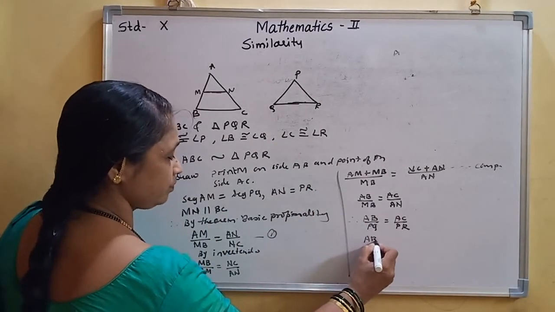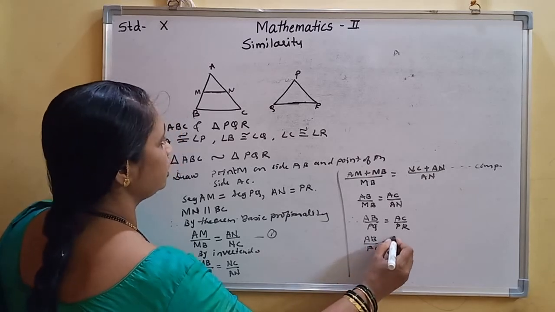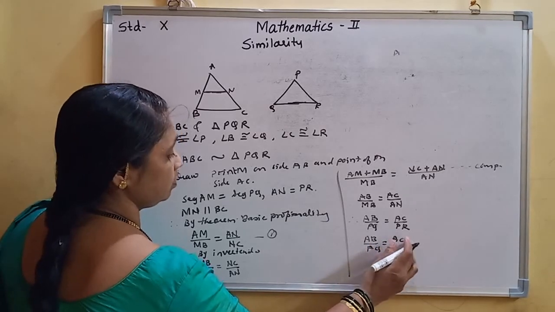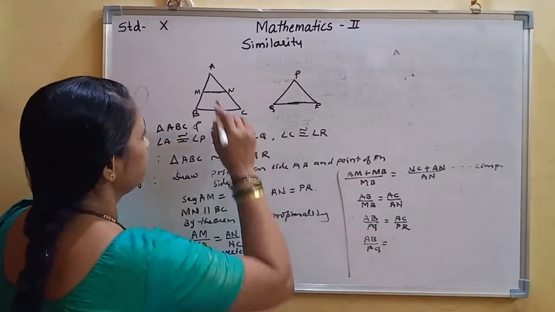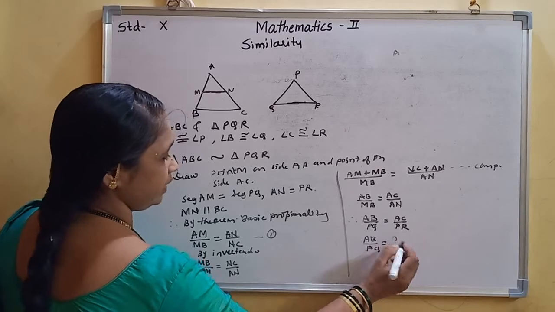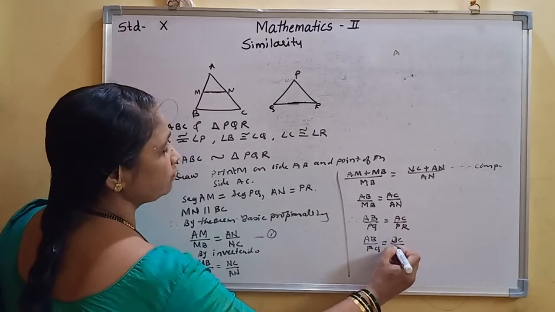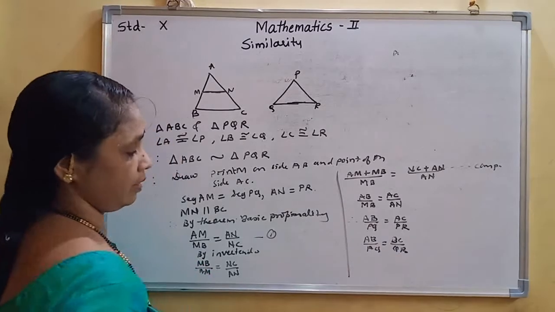AB upon PQ is equal to AC, we have shown. Now BC upon QR. Okay.